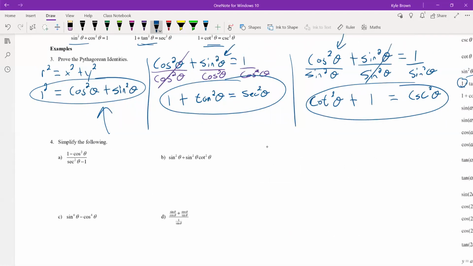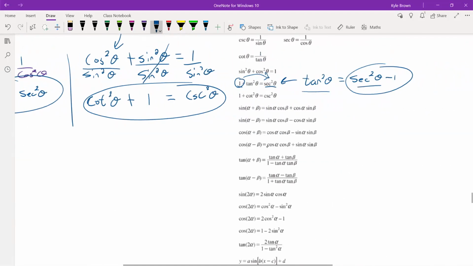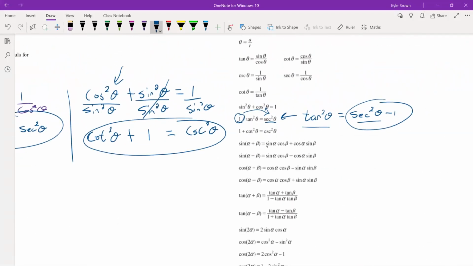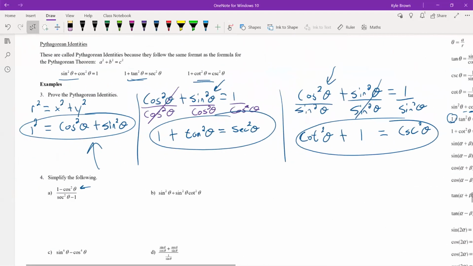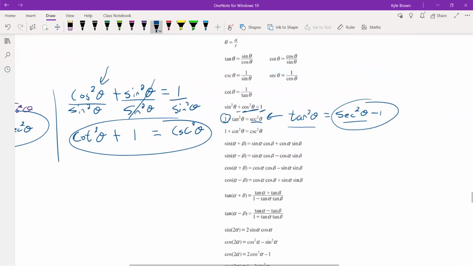And then same with this one. What about this? 1 minus cos squared theta. So I'd be thinking, okay, cos squared theta, 1. This is adding, and the one I'm looking for over here is subtracting. But let's try to rearrange this a little.